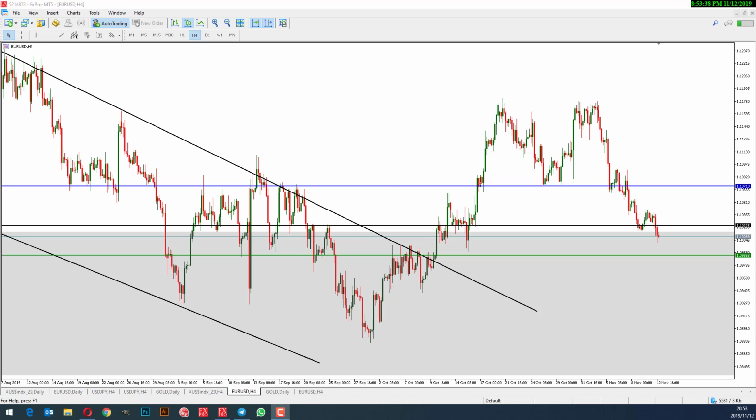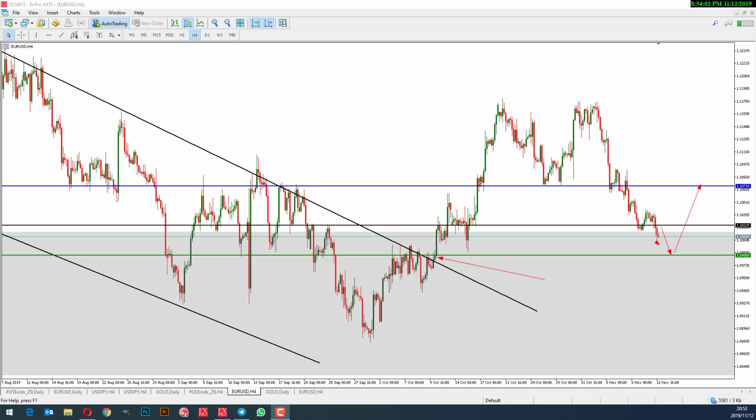Obviously it's not to the pip, but you can clearly see where price is heading. Why there? Because this is the new level of demand that was created. So there is going to be liquidity there. Price will look to sweep in and then probably close above before it rallies to the upside.